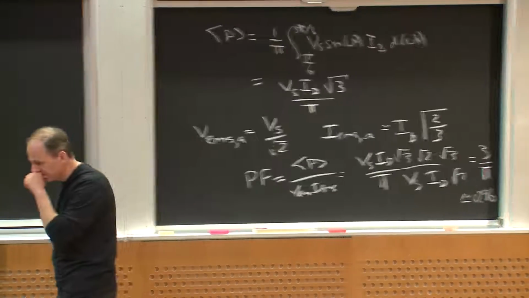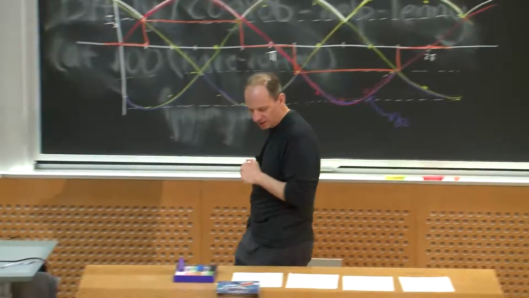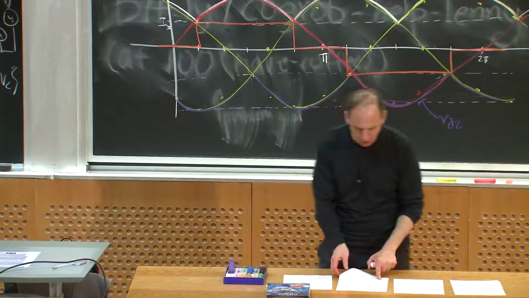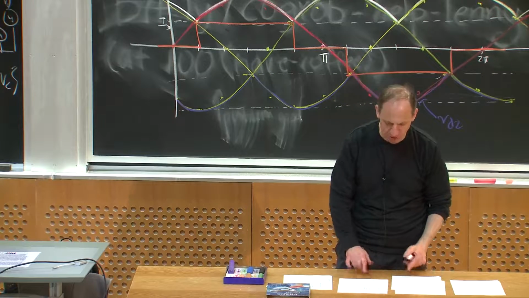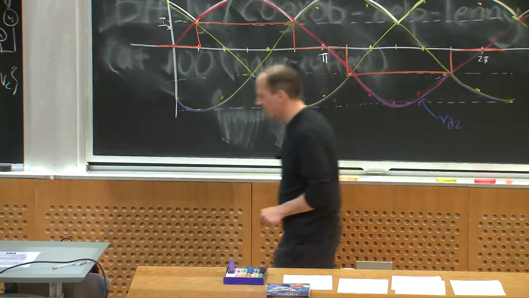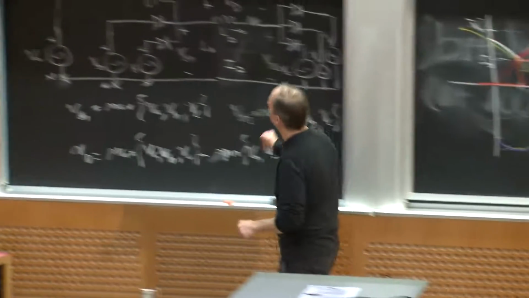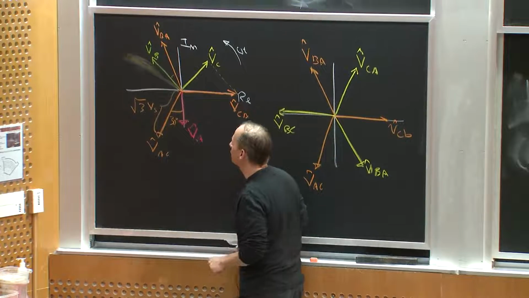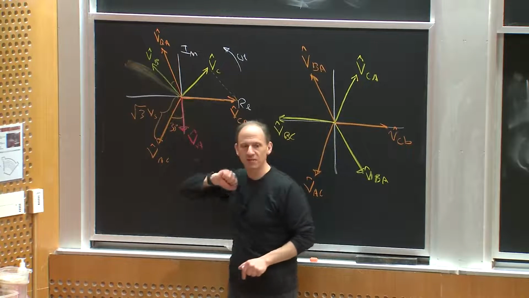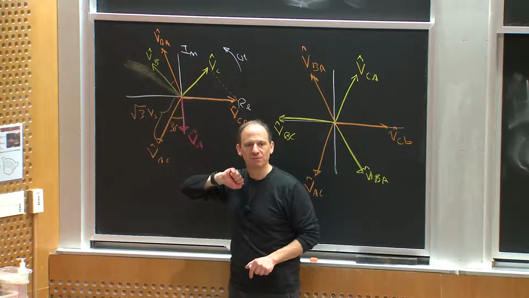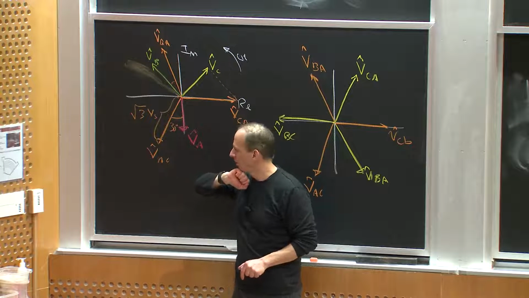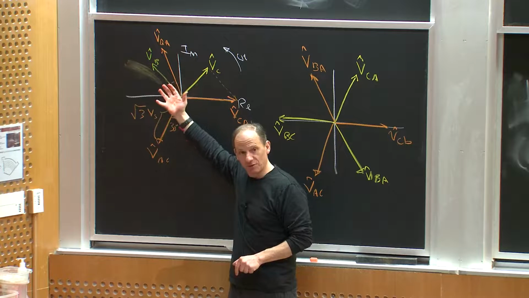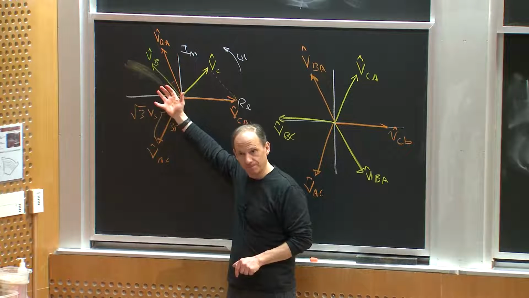I'm running out of time, but I did want to give you one more notion of what you can do with three-phase. I mentioned that if I compare the line-to-neutral and the line-to-line waveforms, I get a 30-degree phase shift. We often use that 30-degree phase shift to our advantage.